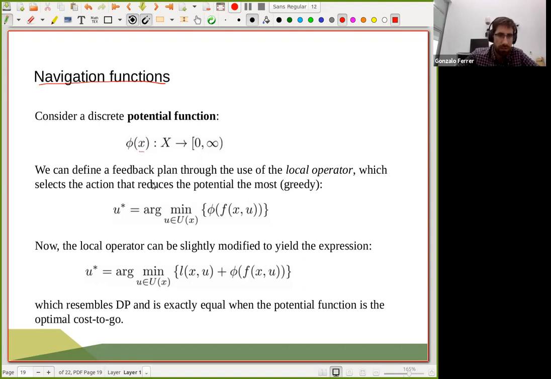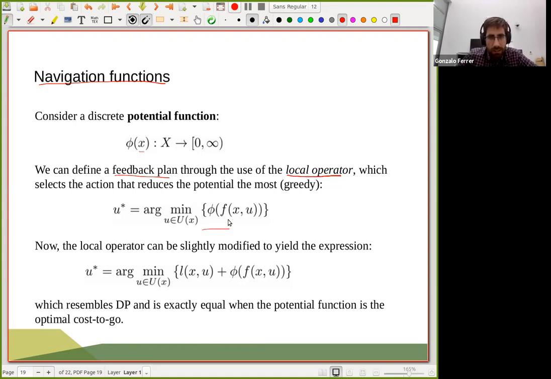Then we can define a feedback plan. Remember, a feedback plan is where actions are calculated just from your state, in terms of policies. We can define a very simple feedback plan. It doesn't mean it's optimal; we don't know this for sure. We do it with the use of this local operator. And what is this local operator? Well, it is this function here.